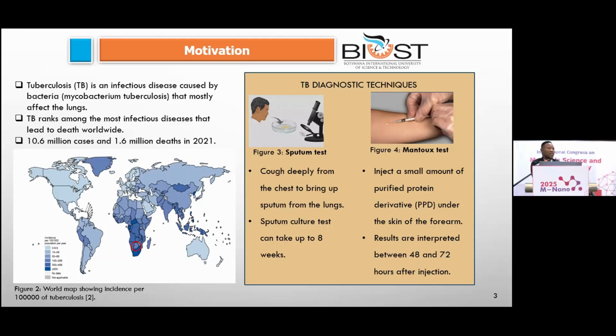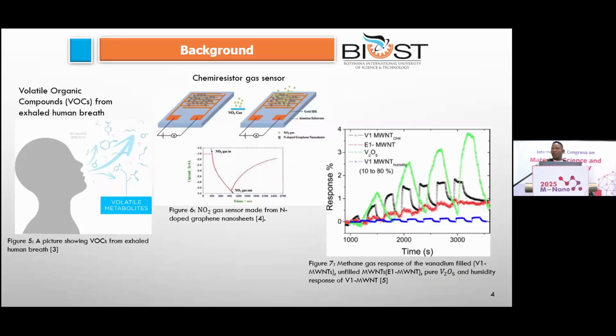Because of these challenges, there is a need for a device that is non-invasive, rapid, and can be used at a point of care. What we know from literature is that human breath contains volatile organic compounds, which carry information about the metabolic processes taking place in the body.